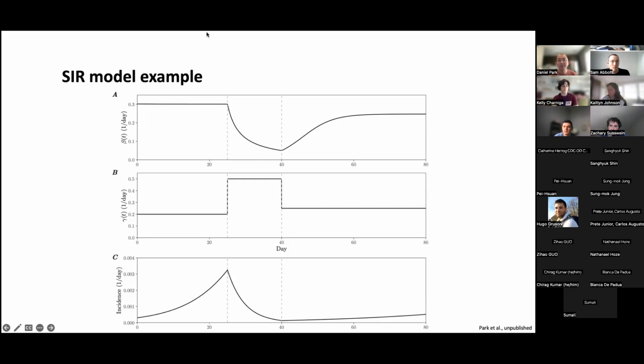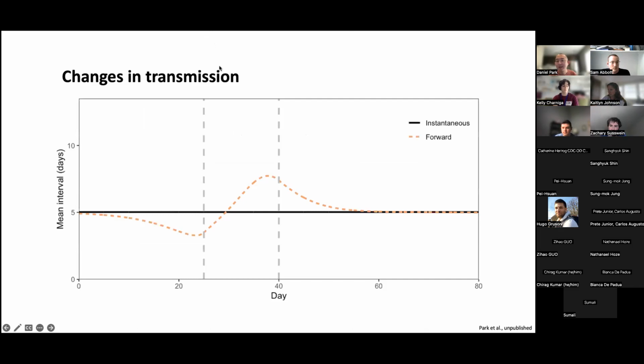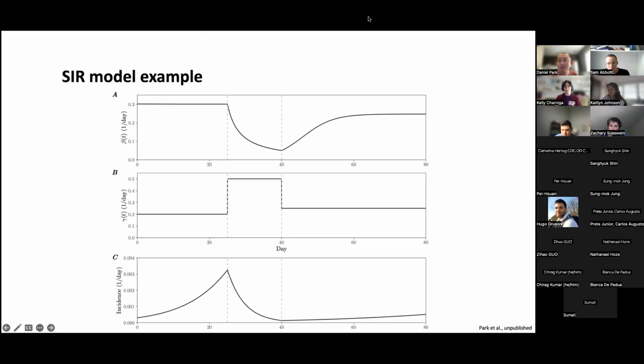Yeah, so I didn't include it, but you can generalize this framework in terms of changes in generation interval over space and contact network. I can send the paper out when I'm done.